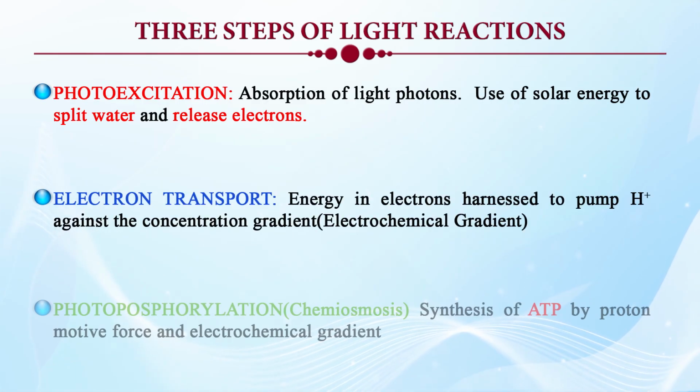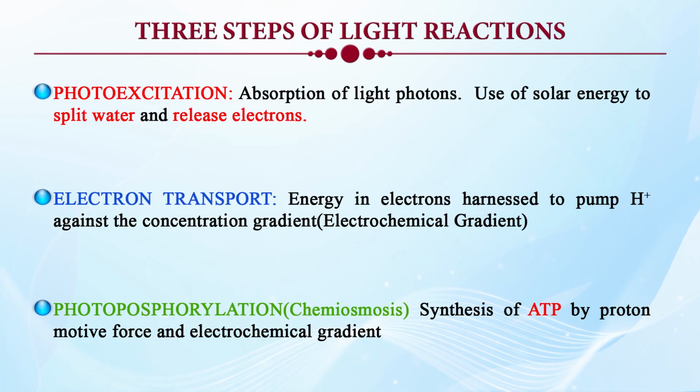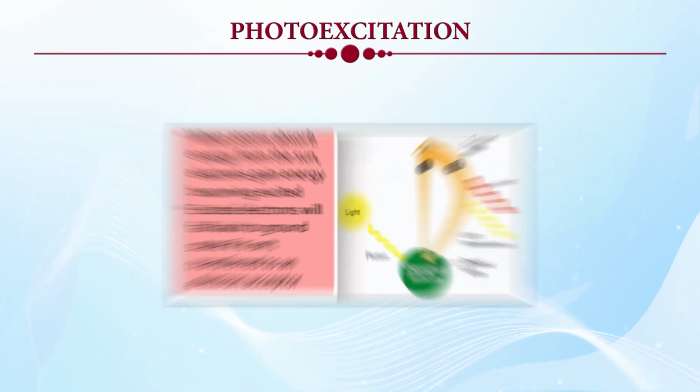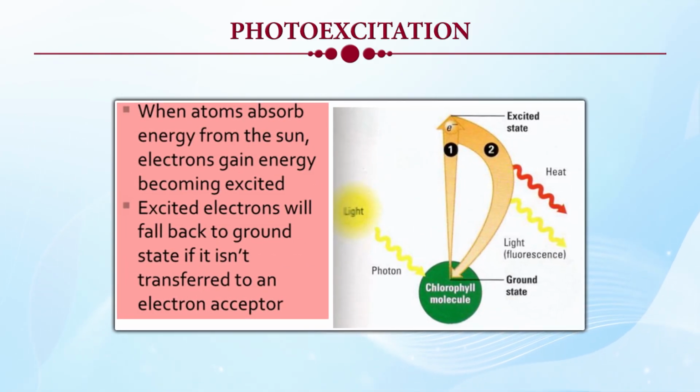So, these three reactions of photoexcitation now need to be looked at in detail. So, that means there has to be a fallout after photoexcitation when arriving at the high energy levels.